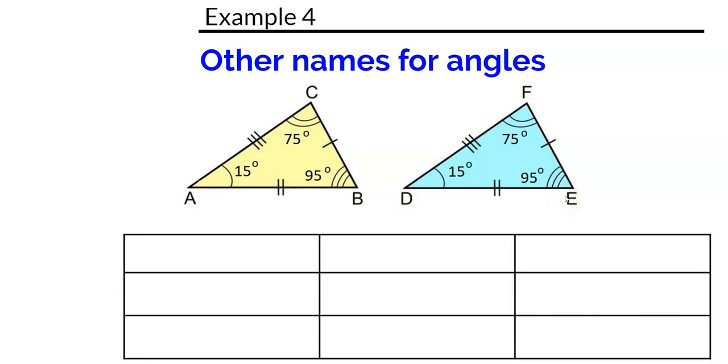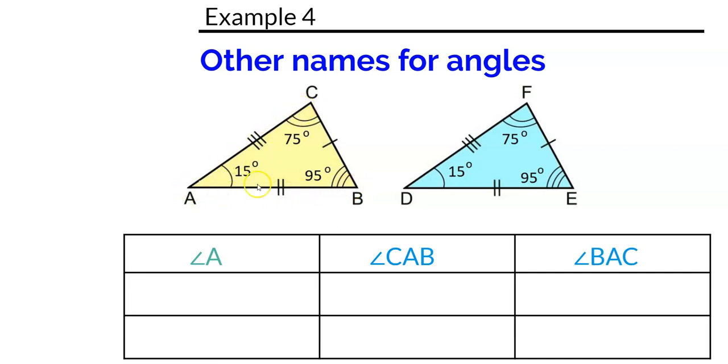Other names for the angles. When we call this, for example, angle A, we are talking about this portion right here, but there's other ways to write angle A. You can call this angle CAB, and the other way would be BAC.